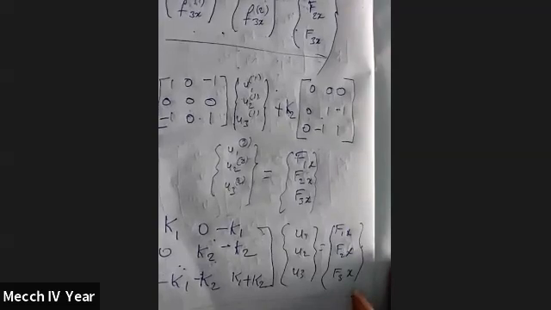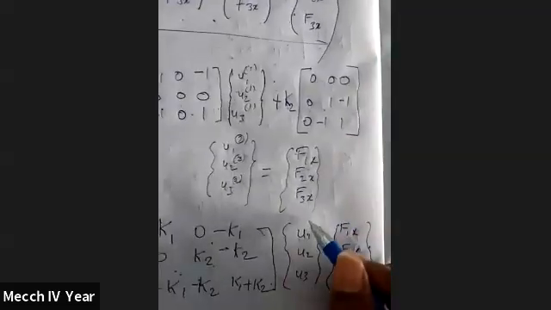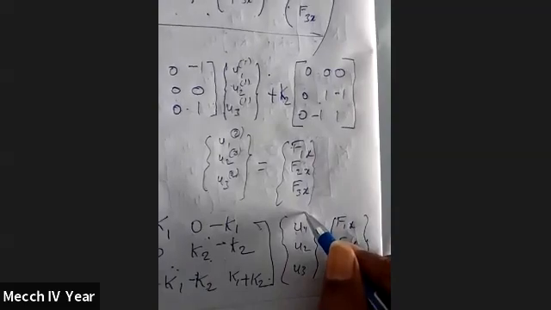Here the superscripts indicating the element numbers associated with nodal displacements have been dropped because u1 is coming from here. The first element is really u1 to u2.